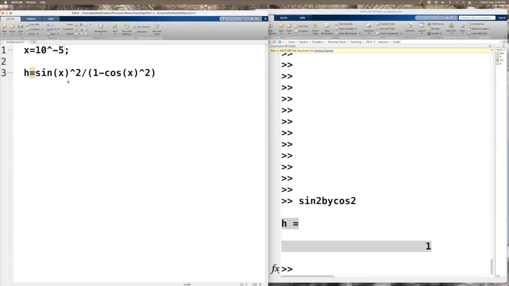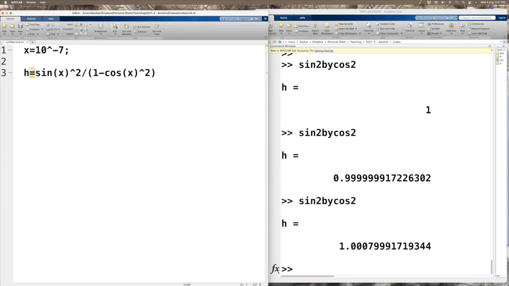Now let me try to go very near to 0, say x is equal to 10 to the power of minus 5. There's a slight error involved in the computation, but still it is pretty good. Let me go much closer to 0, say 10 to the power of minus 7. And now also the value is not exactly 1, but it is pretty close to 1. Let me go to minus 7.5 and see what is happening. You can see that the error is progressively increasing.